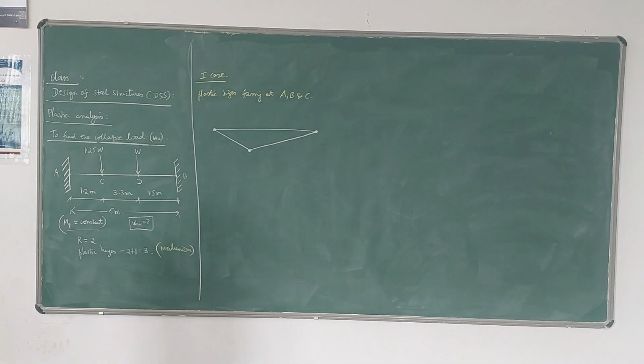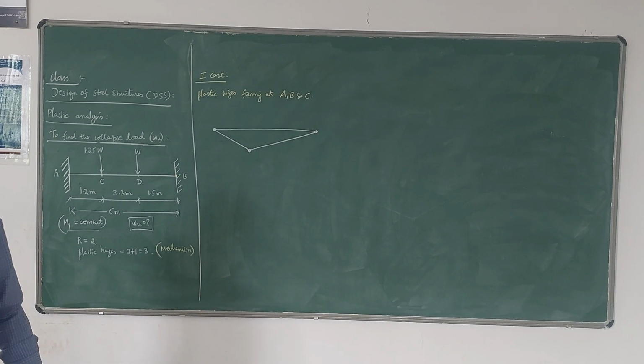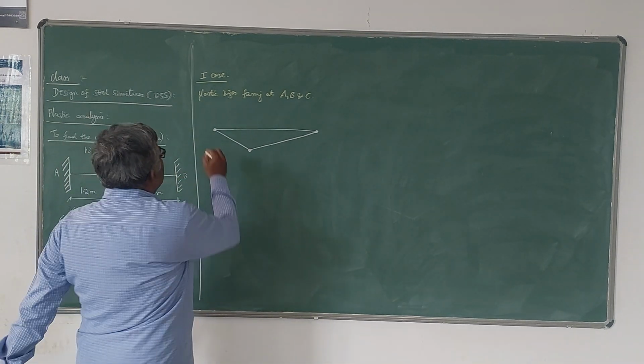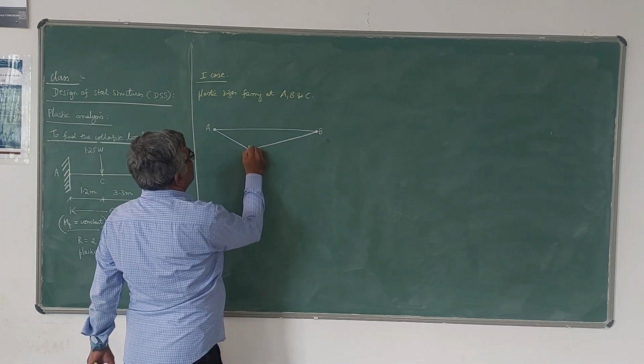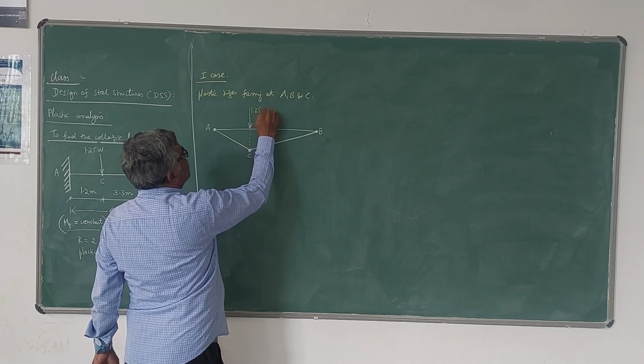Now, when you take up the plastic hinges forming at A, B and C, this is A, this is B, this is C, you have 1.25 WU.